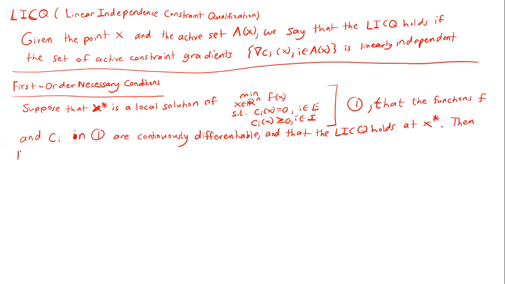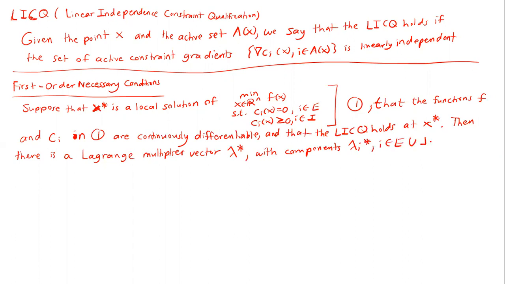Then there is a Lagrange multiplier vector lambda star with components lambda I star, I in the set of equality and inequality constraints, such that the following conditions are satisfied at X star, lambda star.